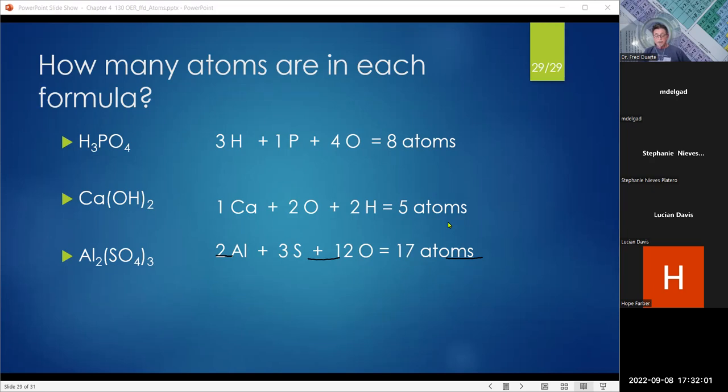And then Al2(SO4)3, telling us there are 2 aluminums, 3 sulfurs, 12 oxygens, and a grand total of 17 atoms in that particular structure. By the way, the first one, if you like soda pop like I do, is phosphoric acid, a lot of acid. Calcium hydroxide is the second one, and aluminum sulfate is the third one. I'm not worried about the names right now. We'll eventually get to that.